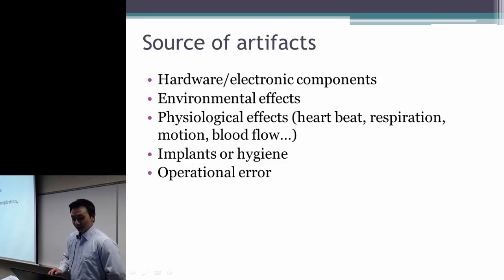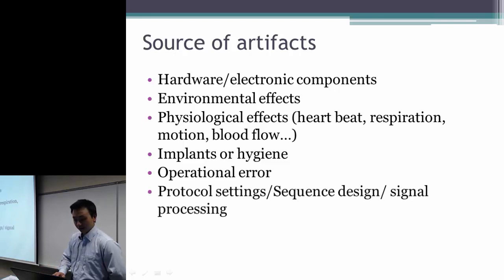And of course, the operational error, right? When you set imaging parameters to a totally different set, it may give you different artifacts. And also protocol settings, sequence design, and signal processing, how to process the signal from the k-space.